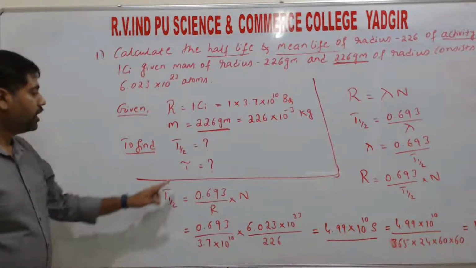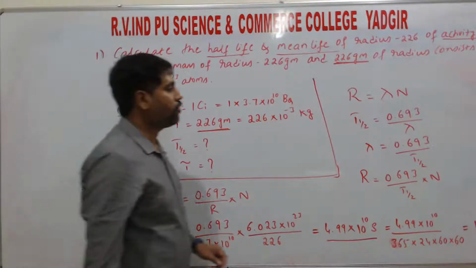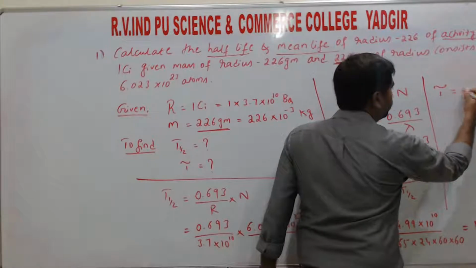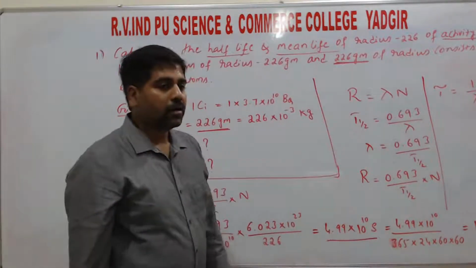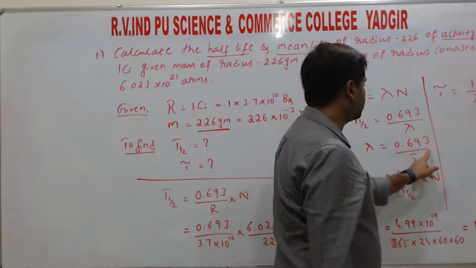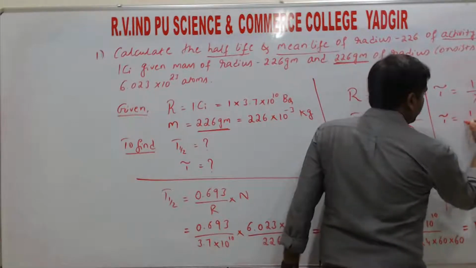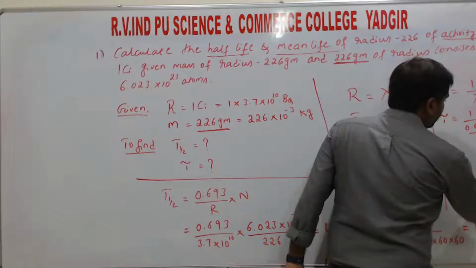So next we need to find tau, right? So for that we have mean life tau, that is equal to 1 divided by lambda, that is the decay constant, right? So here we have lambda is equal to 0.693 divided by T half, so tau is equal to 1 divided by 0.693 over T half.